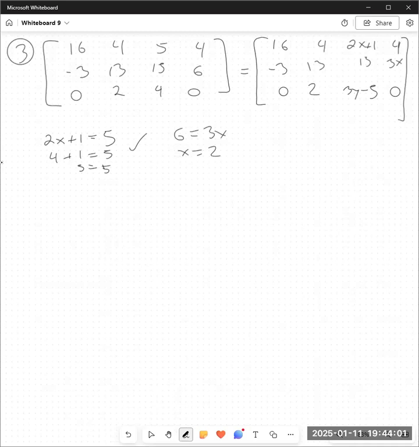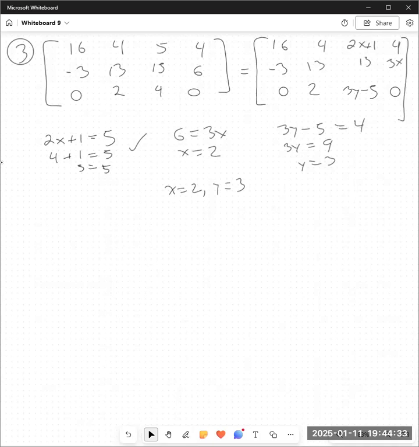And then we come down here, 3y minus 5 is equal to 4, and then 3y is equal to 9. Y has to be equal to 3. So we have a solution of x equals 2, y equals 3 that will make these matrices equal to one another. Let's go ahead now and look at number 5.